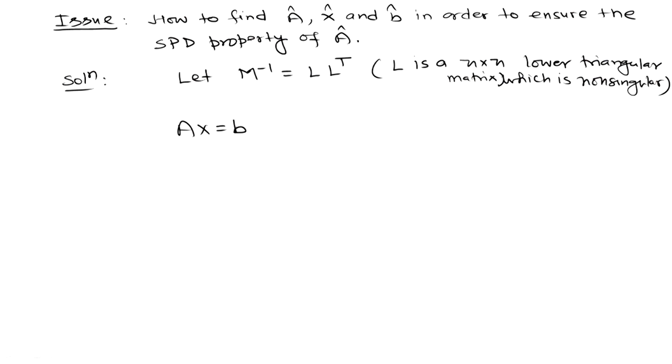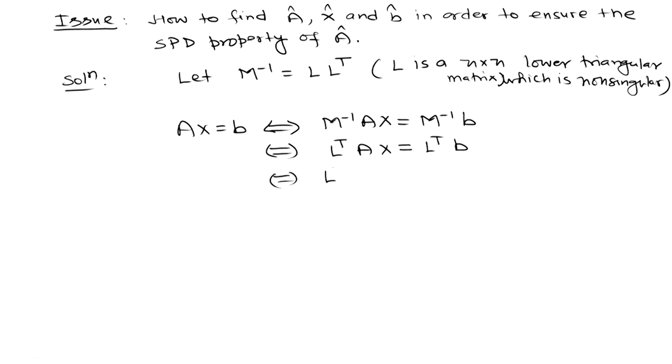Then what will we have? If we have the original system as Ax equals b, then this system is equivalent to M inverse Ax equals M inverse b, which is equivalent to L transpose Ax equals L transpose b, which is equivalent to L transpose A L into L inverse x equals L transpose b.